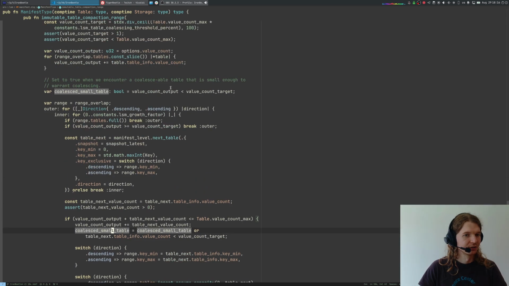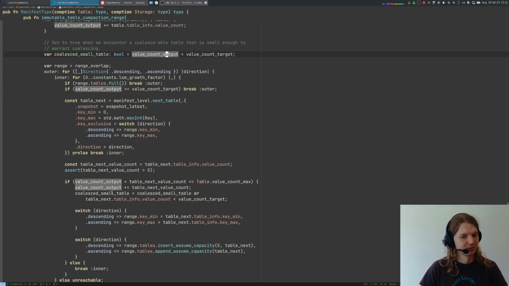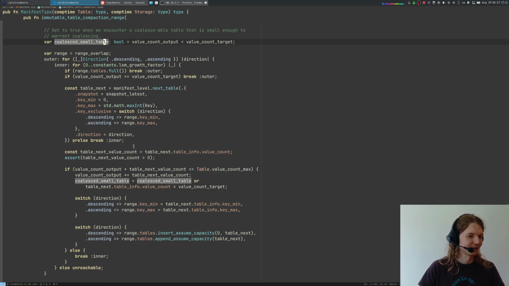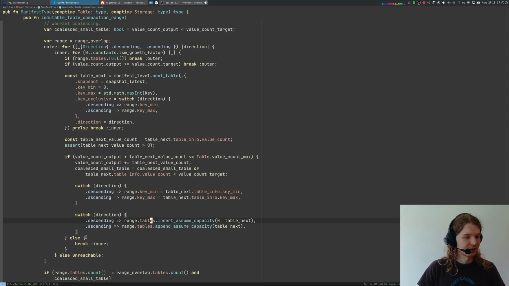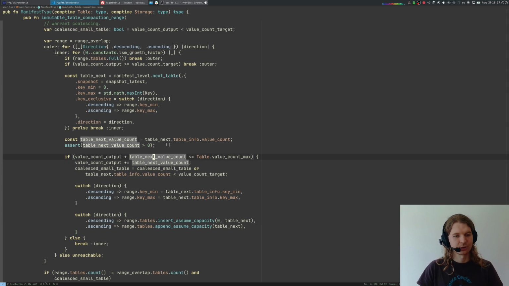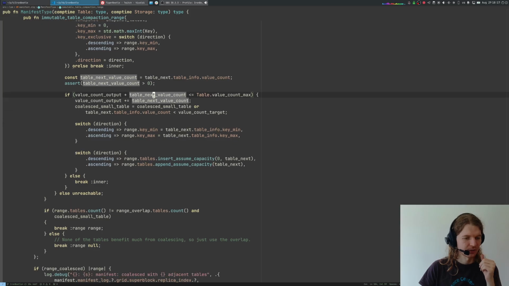Not sure what this boolean is doing here, but okay, let's take a look. Then we basically iterate, and if we reach the table which overflows, then we stop trying to coalesce in this direction.